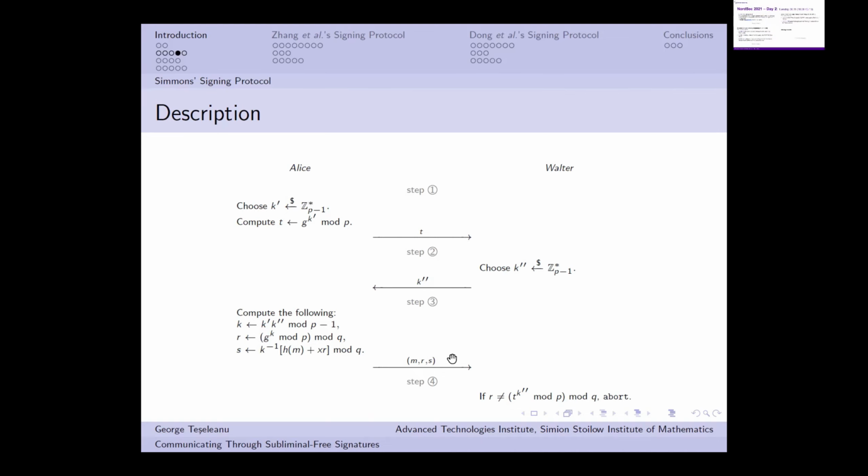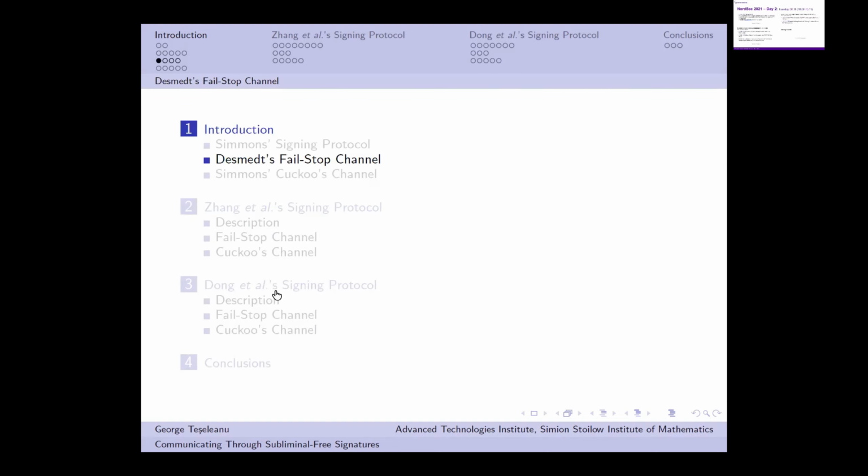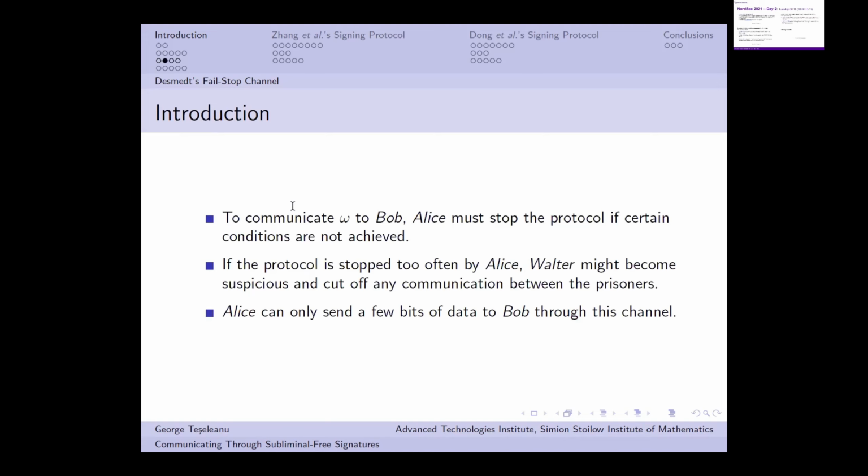Now, Simons claimed that this protocol is subliminal-free. Unfortunately, Desmond showed that this protocol actually is not subliminal-free, and he described a fail-stop channel that can be implemented in this protocol.